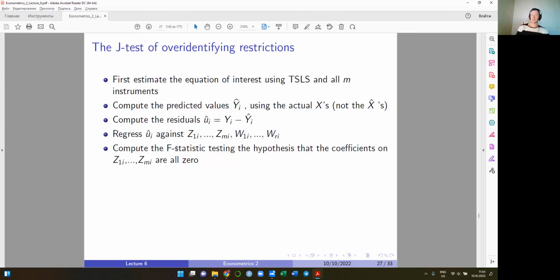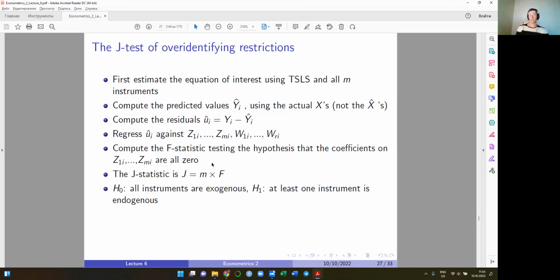So we compute the F statistic for testing this joint hypothesis. And then there is a J statistic. The J statistic is M, the number of instruments, multiplied by F. And we have a null hypothesis that all instruments are exogenous, so all coefficients are 0 jointly, against H1, at least one instrument is endogenous.